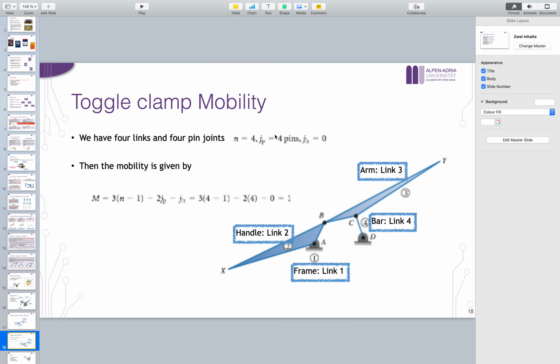So it's 12 at the beginning, minus 8. Oh sorry, at the beginning we have 3 multiplied by (4 minus 1), which is 9, minus 8, would be 1.